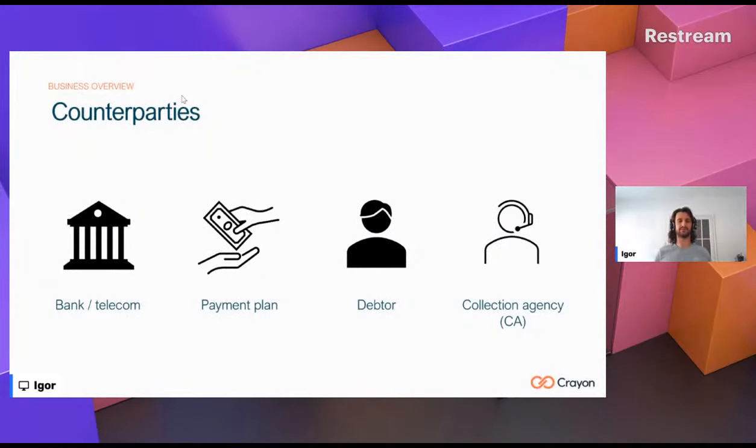I would love to introduce the counterparties to make it a bit easier for you to follow in the future. First of all, there is some organization, for example a bank, which can issue a credit or loan, for example a mortgage or a car loan. Then there is a person, the debtor, the one who gets the loan, and they arrange a payment plan between them.